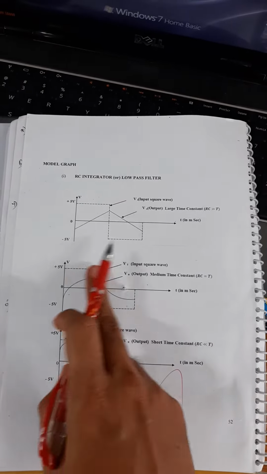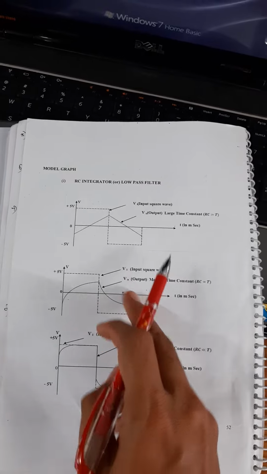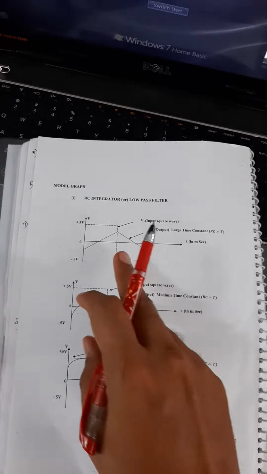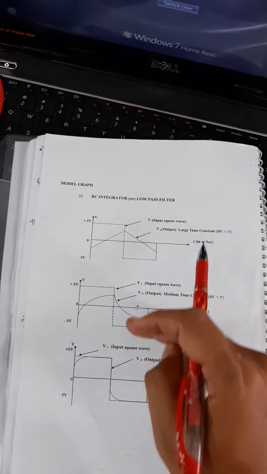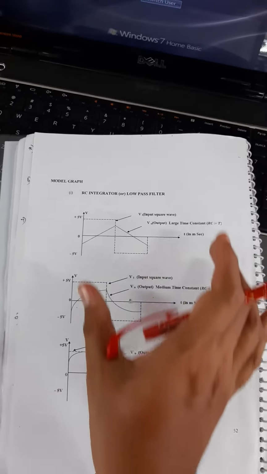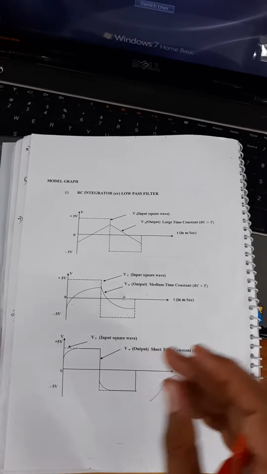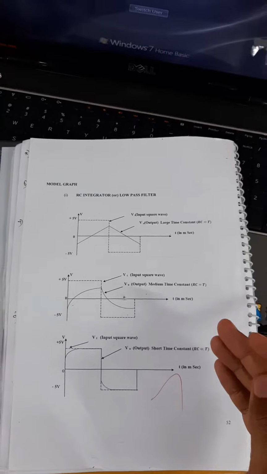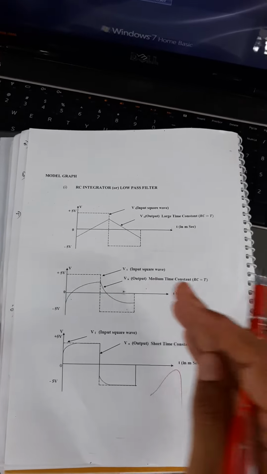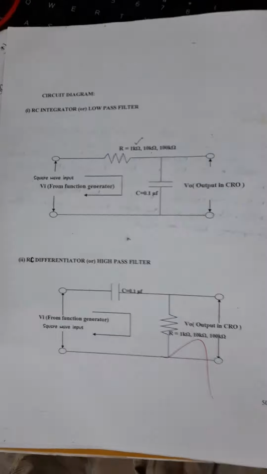So you will get the corresponding graph like this. The input square waveform will not vary, because it is the same for all the 3 cases. But if I vary the resistance value, what are the three things happening? This is the model graph, and you will get the readings accordingly, and you have to draw and verify whether your output is matching with the model graph.